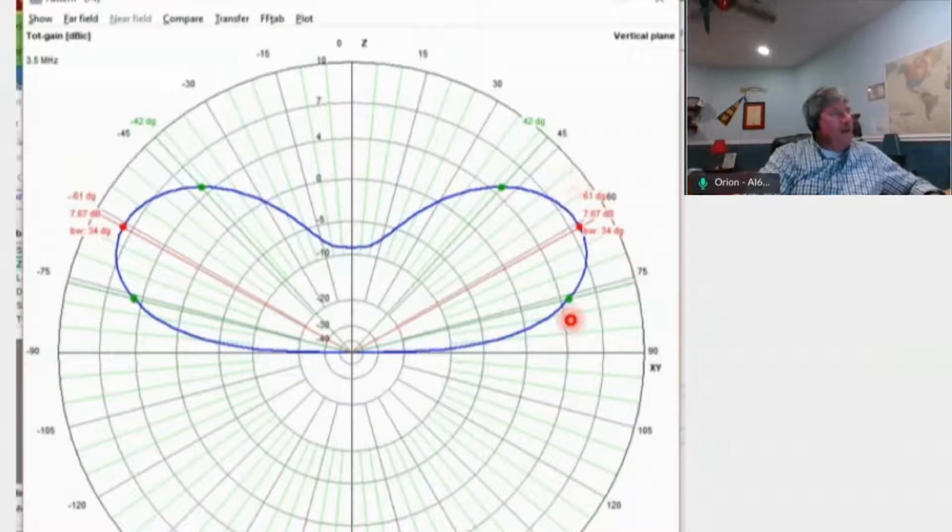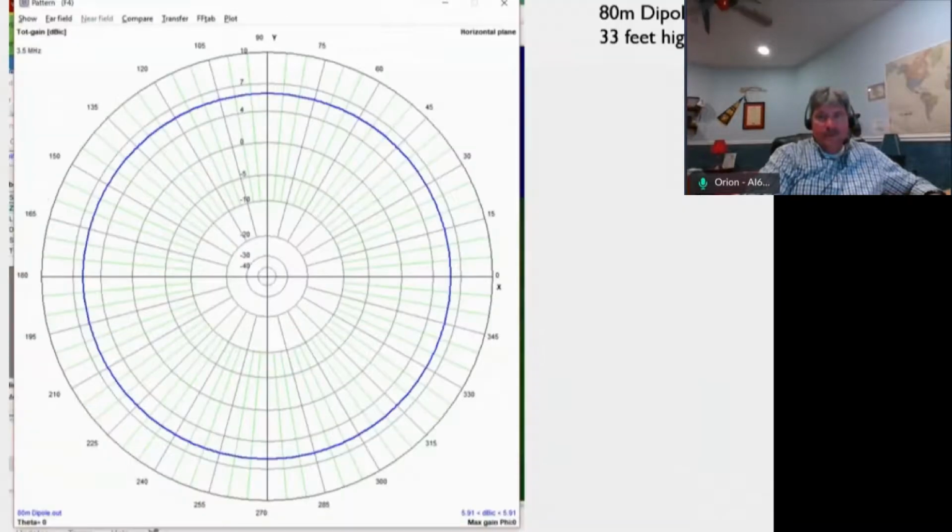Notice also that we had most of our power heading out at about 61 degrees versus straight up and down. Let's take a look at the horizontal pattern. The antenna says that the horizontal pattern is pretty much going to be omnidirectional, which is all directions.